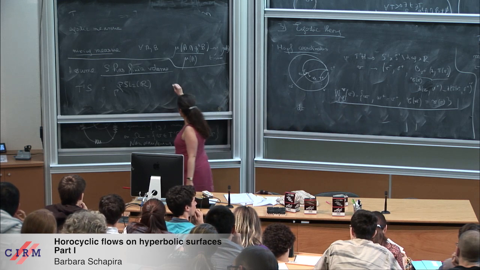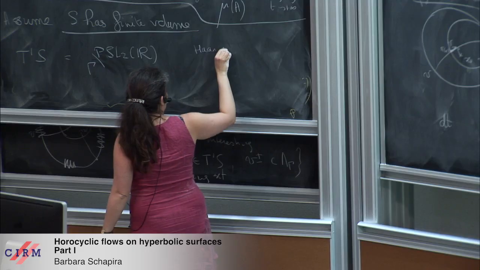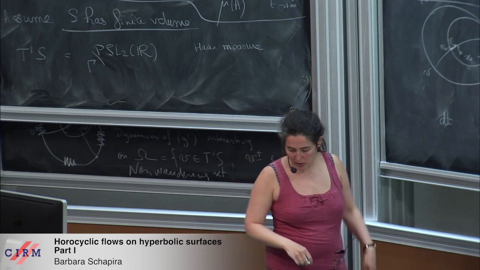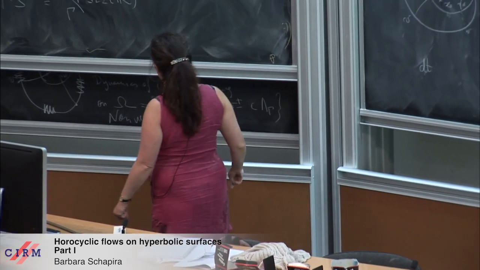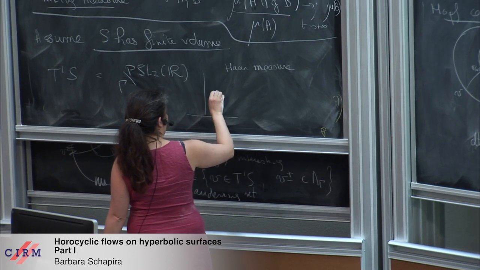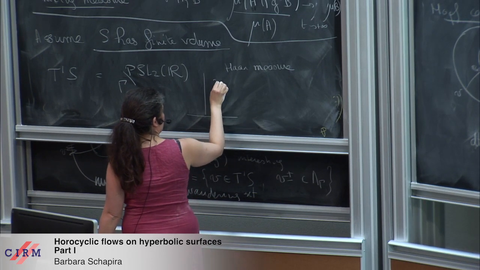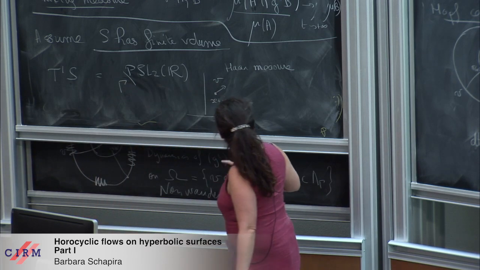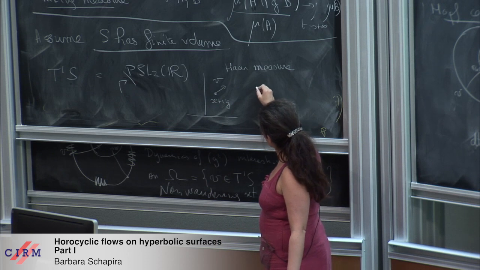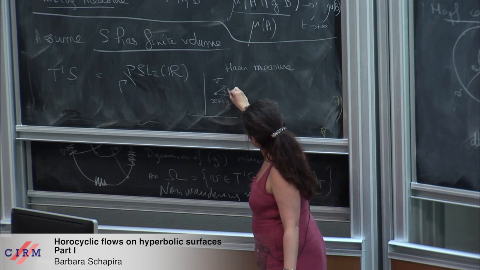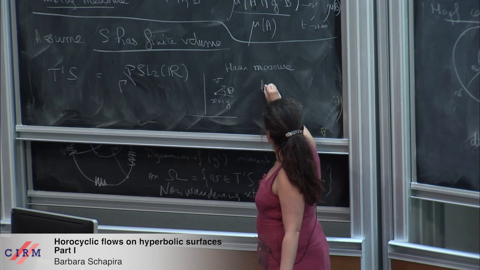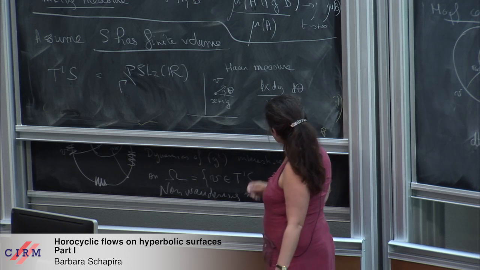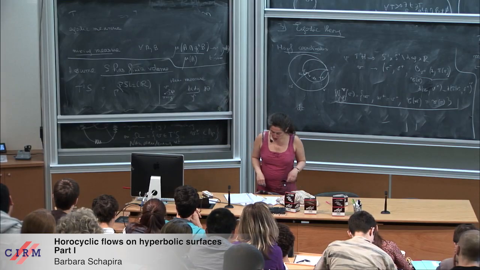So you can look at the Haar measure, but if you don't like the point of view of Lie groups, you can think of the Liouville measure. If you have coordinates, a vector v based at a point x plus iy, with an angle theta, the Haar measure is just dx dy over y squared times d theta, up to normalization.